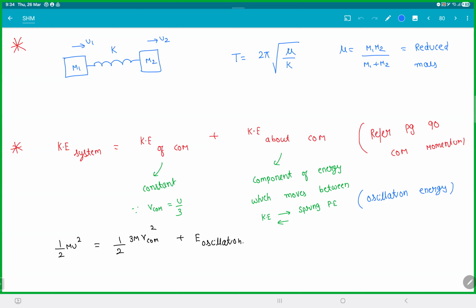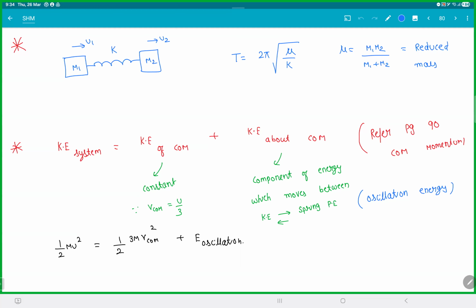That means if the blocks have some velocity, all the energy didn't go into the spring. Some part of the energy went into the spring, some part remained as kinetic energy. So that component of energy which went into the spring was the oscillation energy. Is that argument making sense? So indirectly, what you're asking me is to find the maximum spring potential energy. So it is half k x max square.